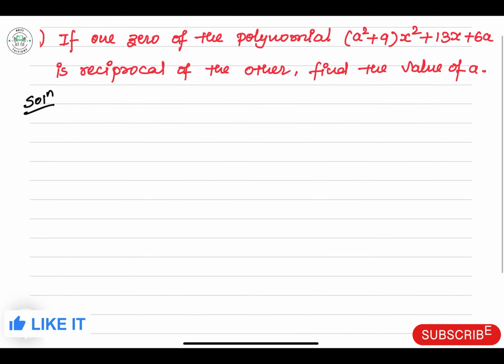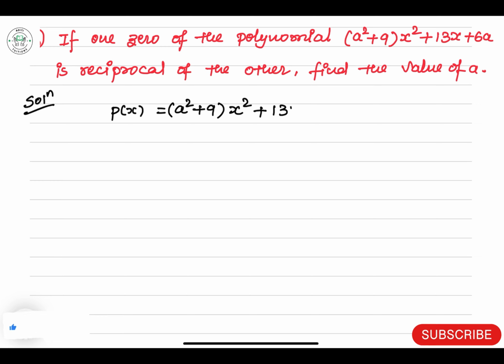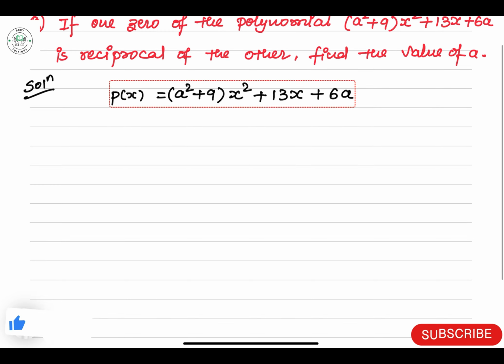Okay, so I'll take that polynomial as p of x equals (a square plus 9) x square plus 13x plus 6a. Now I'll compare this equation with the general form, like I did in the previous questions, on which I have made a video also.